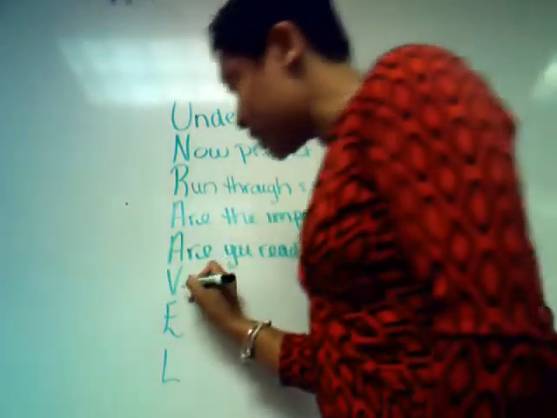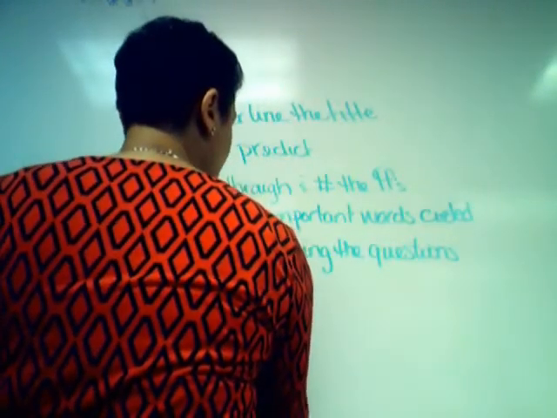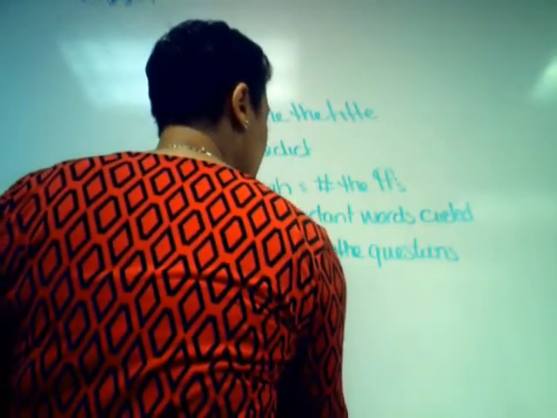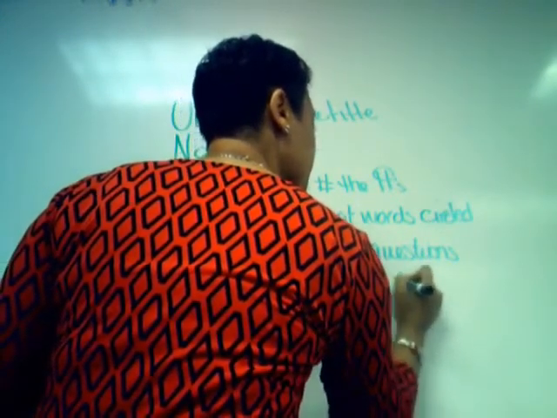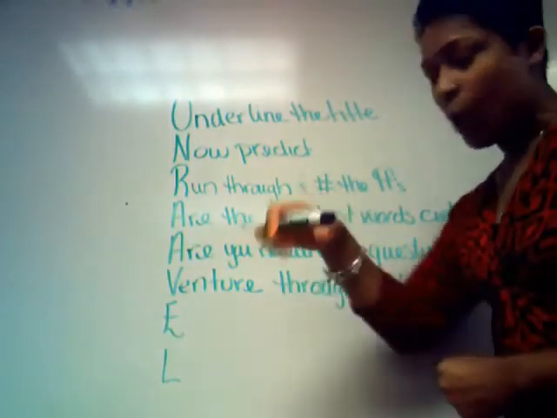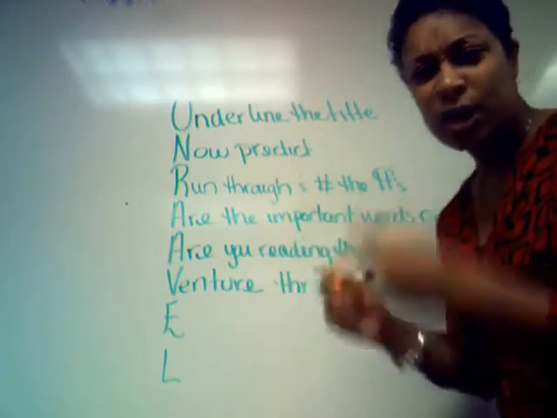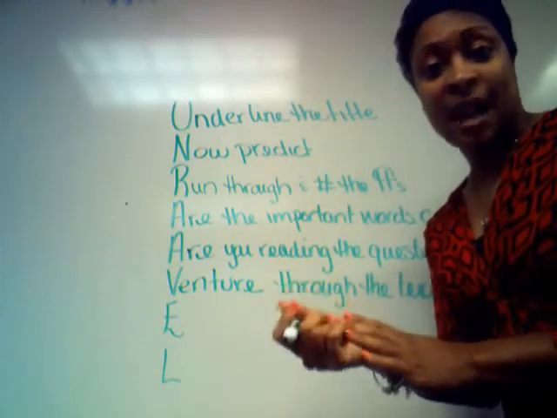V-E-N-T-U-R-E, through the text. And we know when we venture through something, we are pulling it apart, we are turning things over, we are really, really getting into what it is that we're reading.